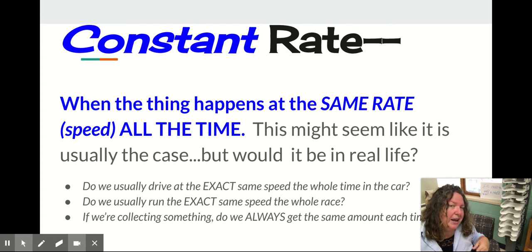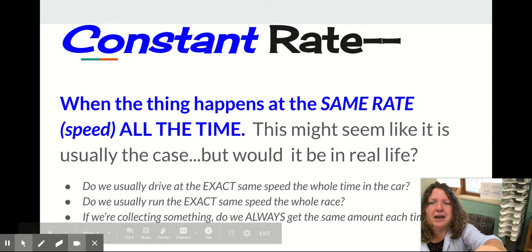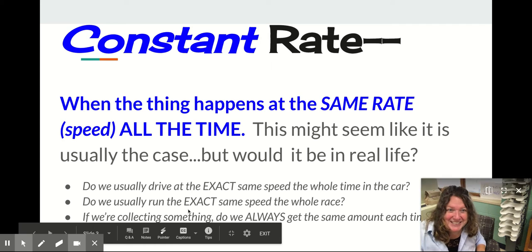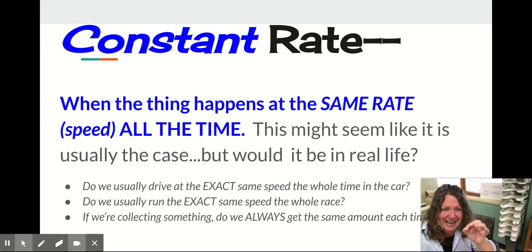Do we usually run the exact same speed during the whole race? Pause and think about that. What did you think of? If you're running a race with friends, do you run exactly the same speed the whole time? I think not. I bet it takes a little bit for you to get into your super fast speed.